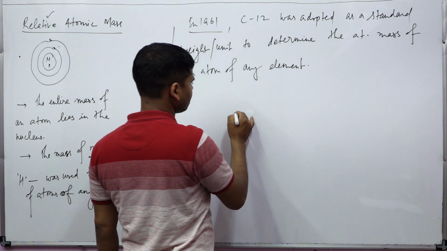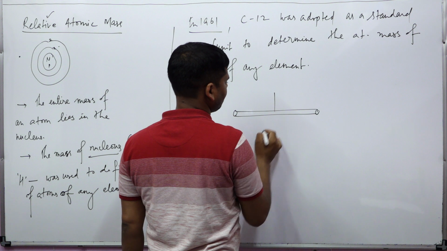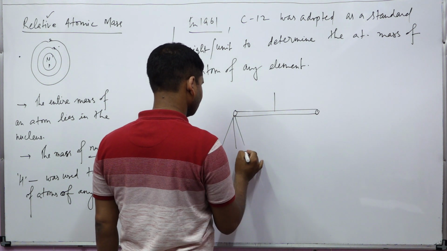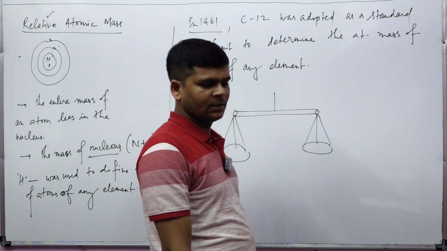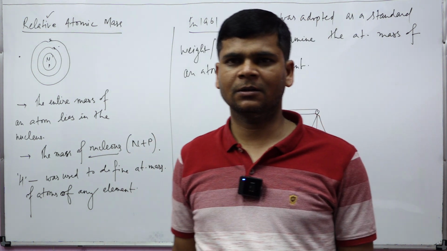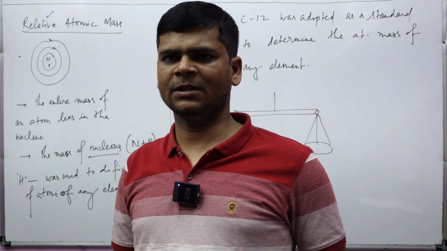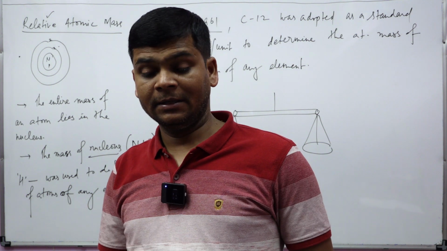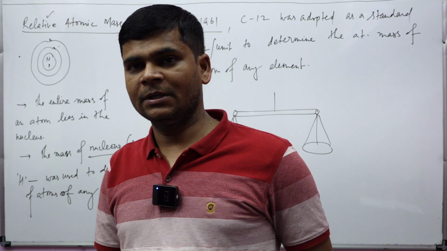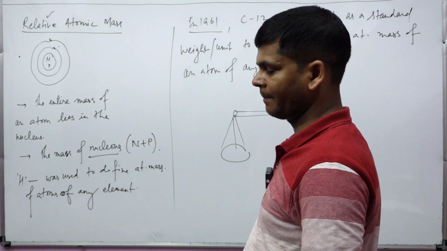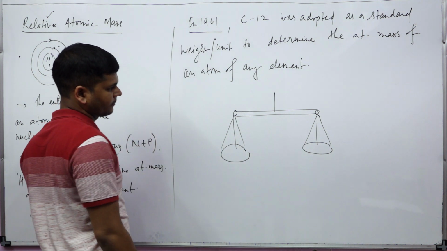See, you must have visited a market where you find a physical balance. They sell vegetables, they sell fruits or grocery items where this physical balance is used, and you must be having an idea that physical balance is actually used to determine the mass of an object. So what general thing will we try to compare?